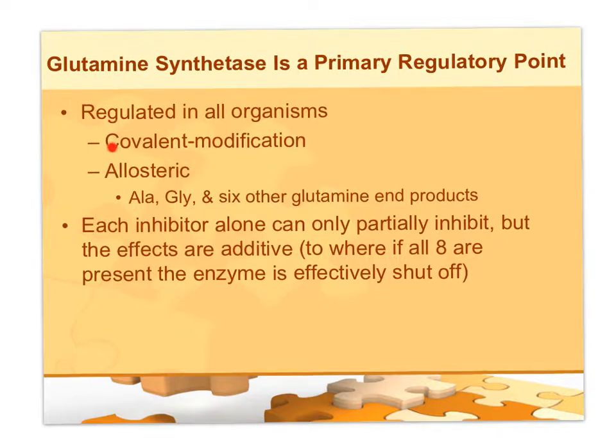And so it has both covalent modification, which I'll show you a picture. Remember, that means something is physically attached to it. Usually, we were talking about phosphorylation. Here it's not just phosphorylation, there are at least two other things that can be added on. And allosteric. There are eight different things that combine and cause allosteric regulation here.